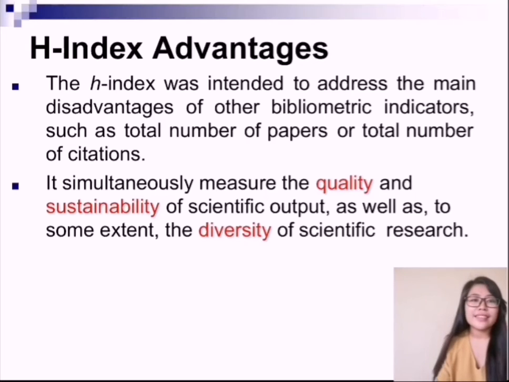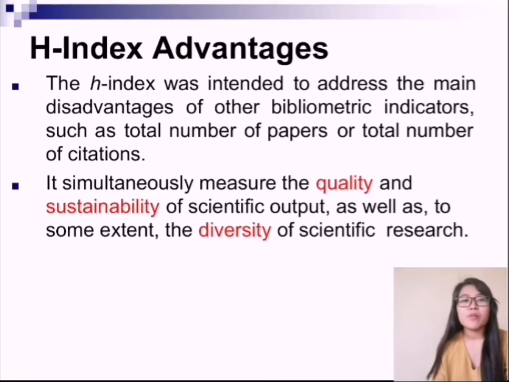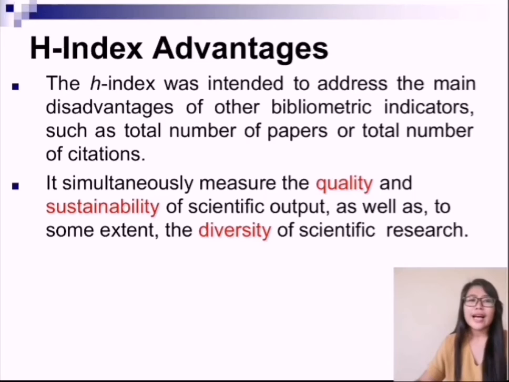The H-index was intended to address the main disadvantages of other bibliometric indicators such as the total number of papers or the total number of citations. Having a lot of published papers does not guarantee impact, and neither does having only one published paper with hundreds or maybe thousands of citations.